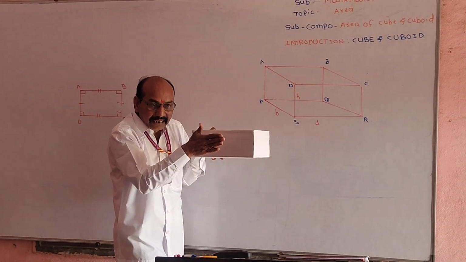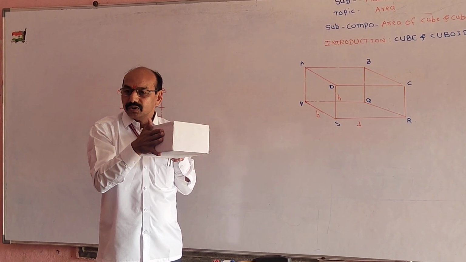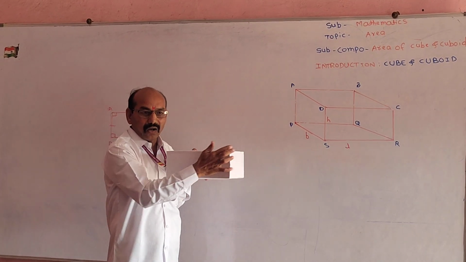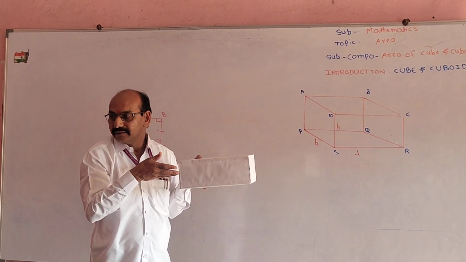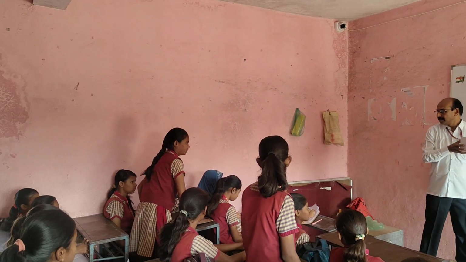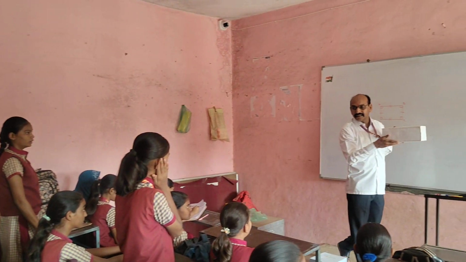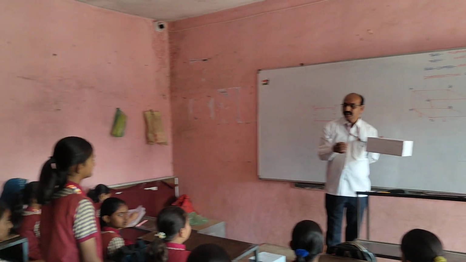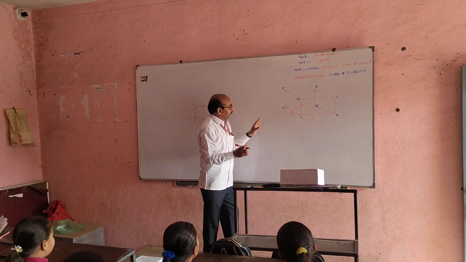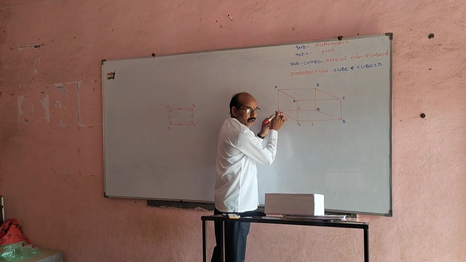So to find the area of this face, we use the formula: area of rectangle equals length into breadth.